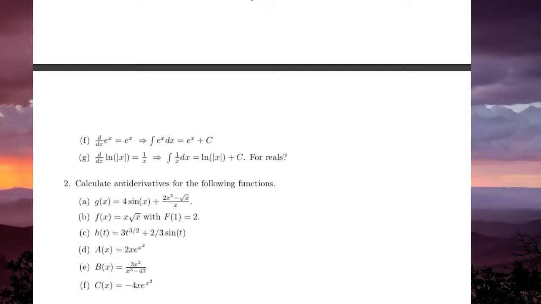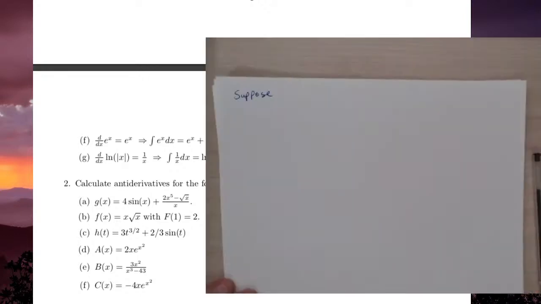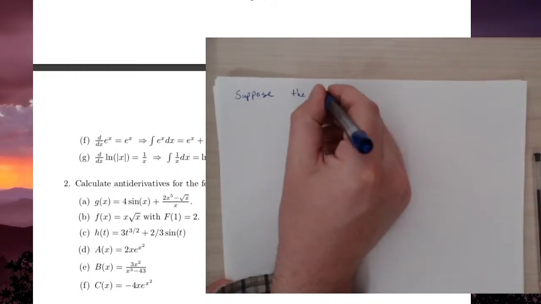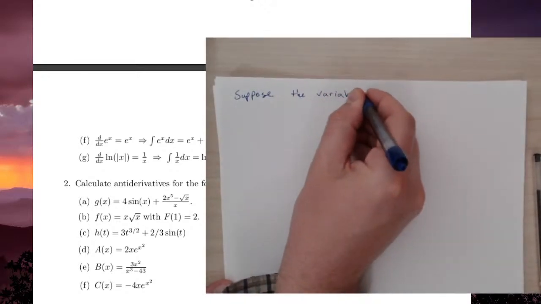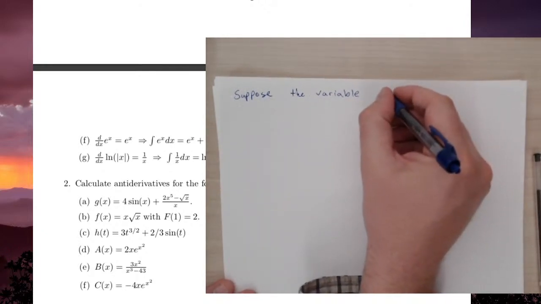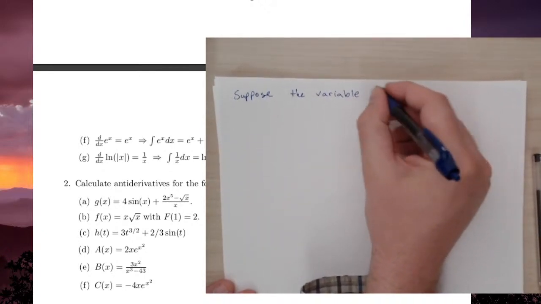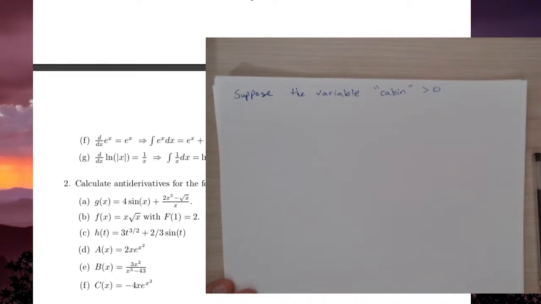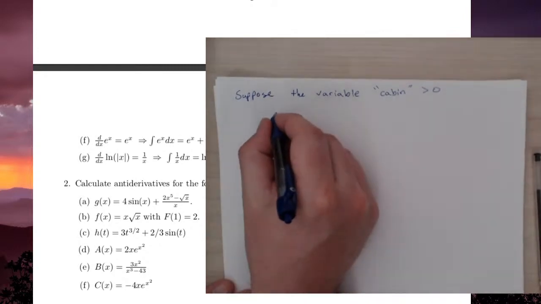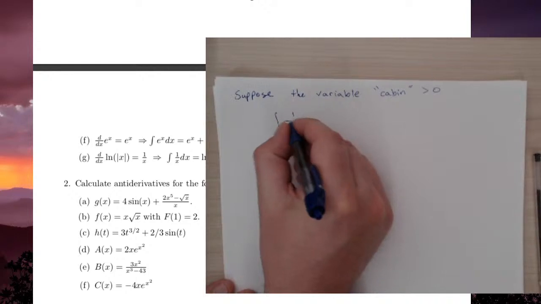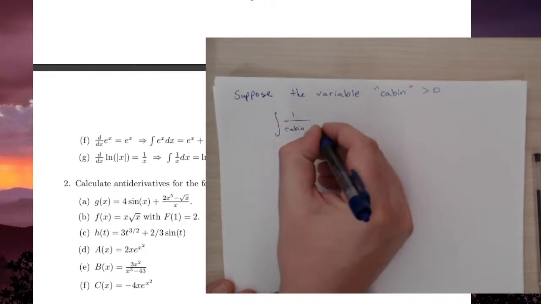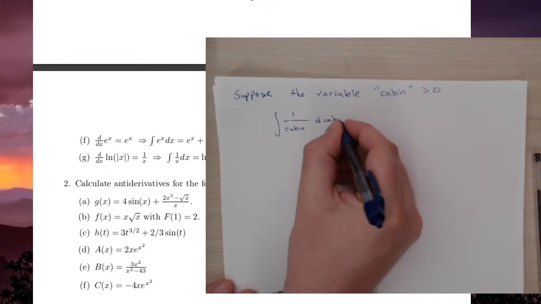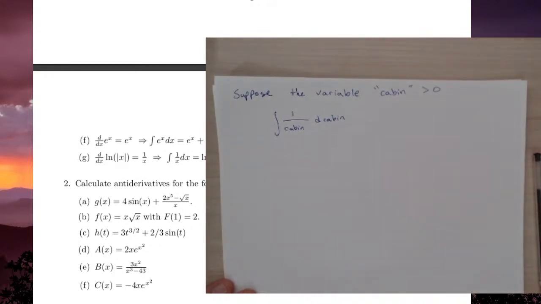So here I'm going to post a little problem in just a second. Let's make a variable. Maybe some of you already know where this is going. Suppose the variable, let's call the variable cabin, is strictly greater than 0. Then, by our table of integrals, the antiderivative of 1 over cabin d cabin, well, what is that?